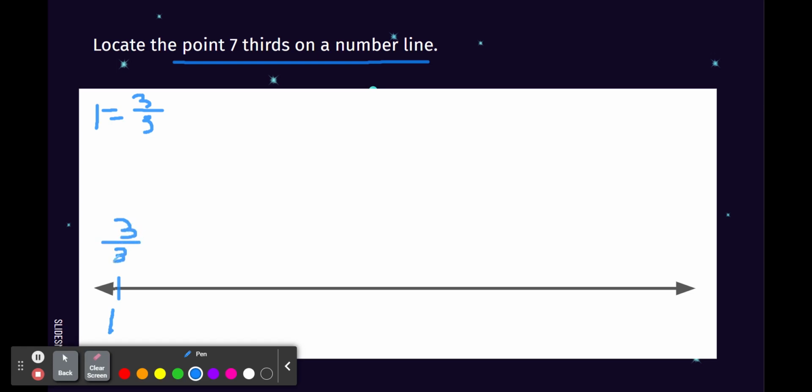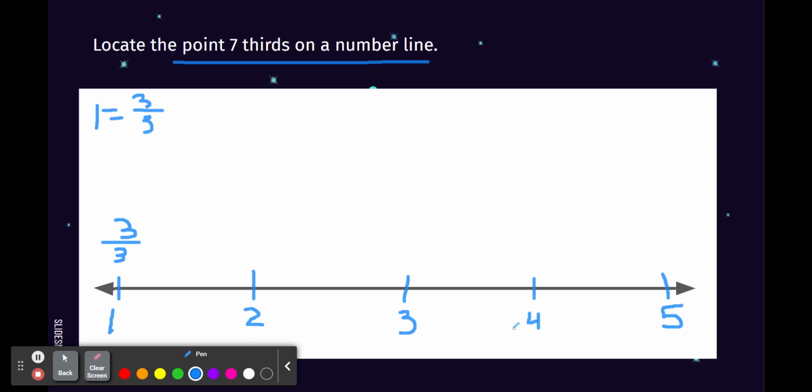I'm not entirely sure how many thirds are equivalent to 7/3, so I'm going to go all the way up to 5. Now I'm going to put my whole numbers here. I'll put down 2, and 3, and I'm going to approximate. They're not going to be the exact same distance, but we're going to pretend.